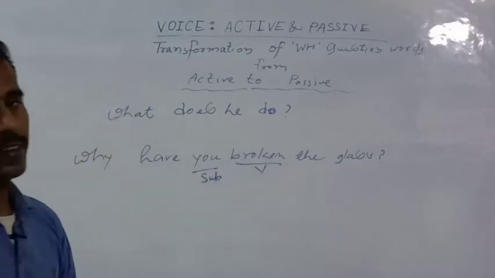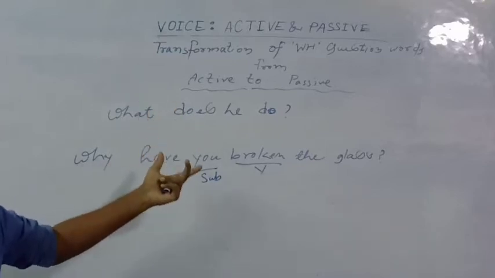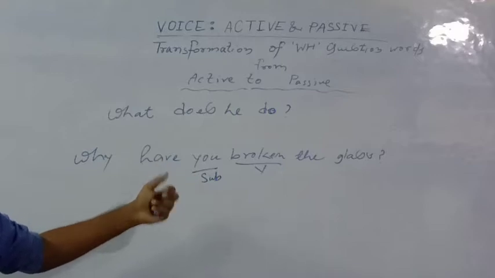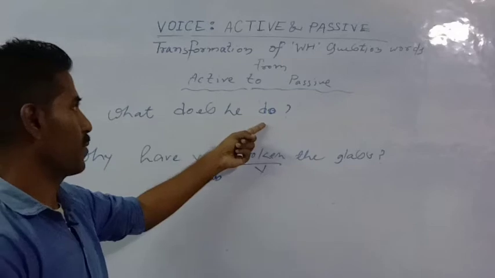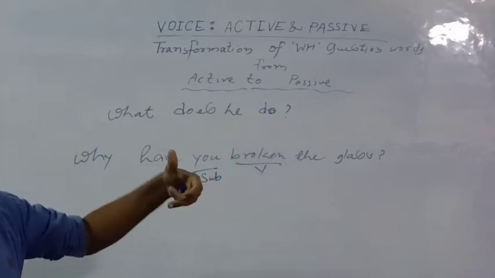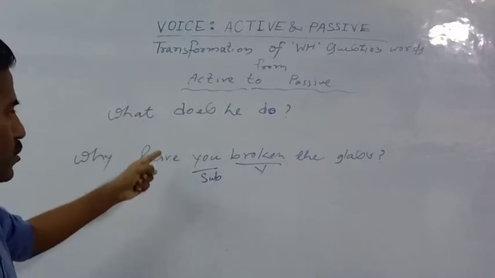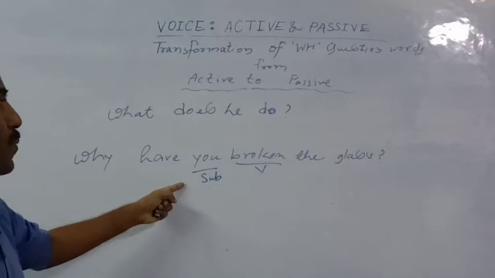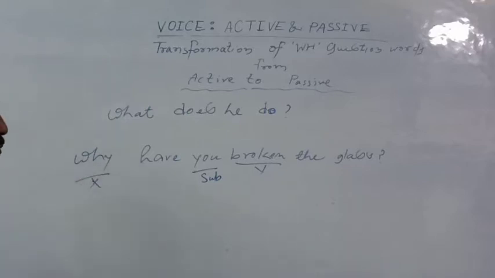Now, unlike the first two sentences we just did, what is the object there? If you ask the verb "do" a question, whatever the answer is, that answer is replaced by "what", so "what" is the object. But unlike this question, here in "why have you broken", this "why" is not the object. Why is not the object?